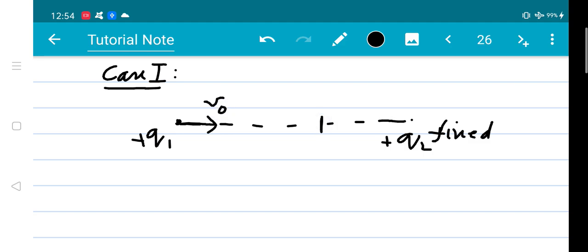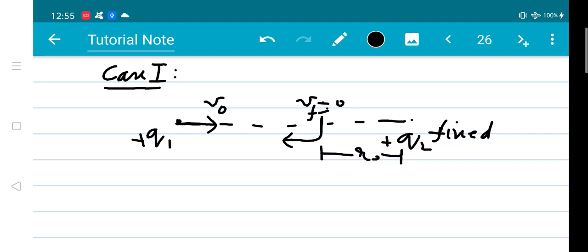At this point, let this be the point of closest approach. At this point, the final velocity of Q1 becomes 0, and from this point, the Q1 particle returns on its path. Let this distance be R0, the distance of closest approach.